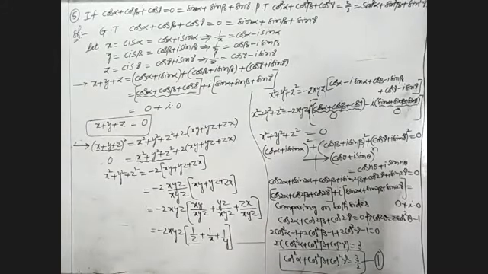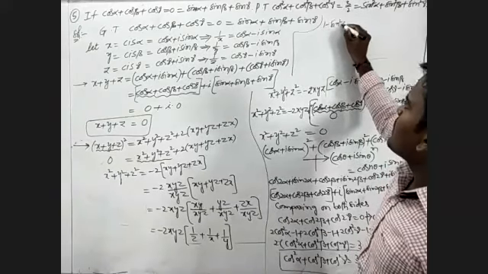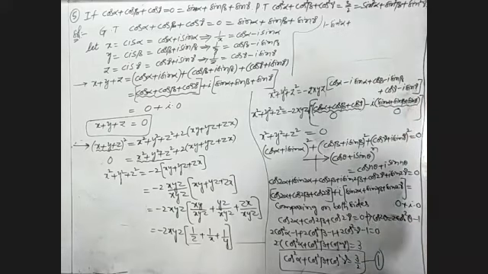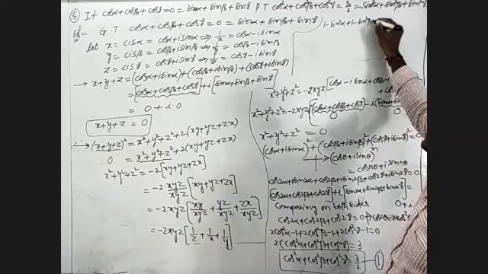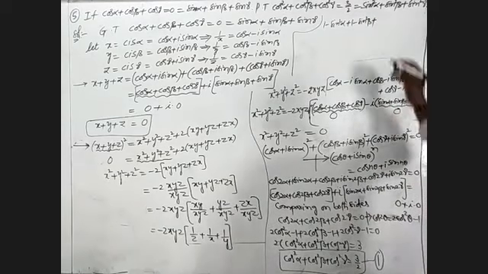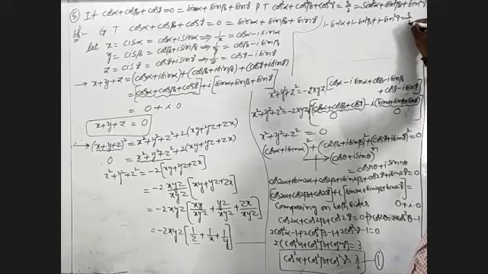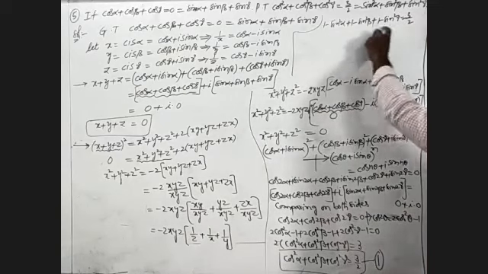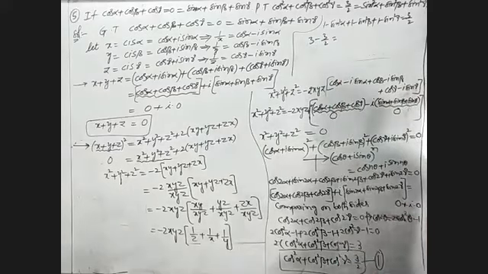By using the identity, cos square alpha is 1 minus sin square alpha, cos square beta is 1 minus sin square beta, and cos square gamma is 1 minus sin square gamma, equal to 3 by 2. 1 plus 1 plus 1 is 3, and the 3 by 2 goes to this side as minus 3 by 2.